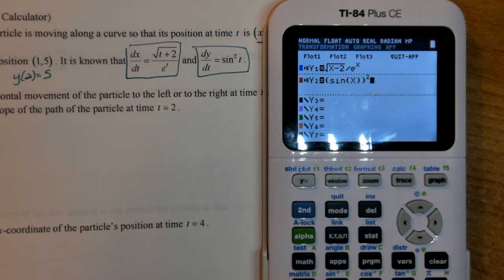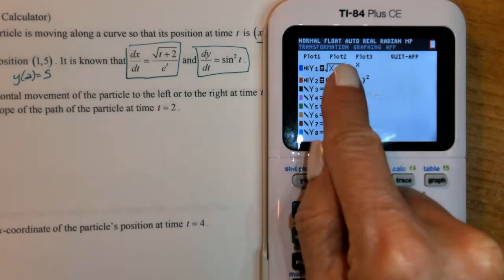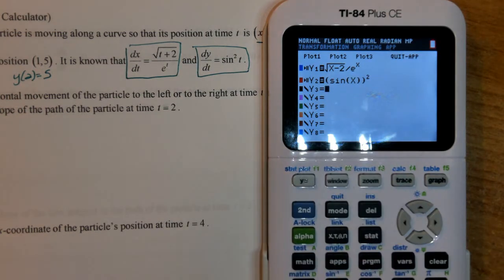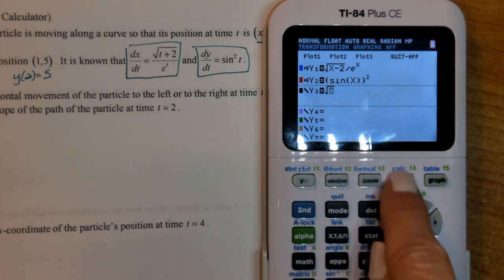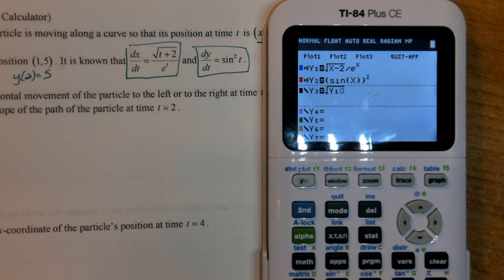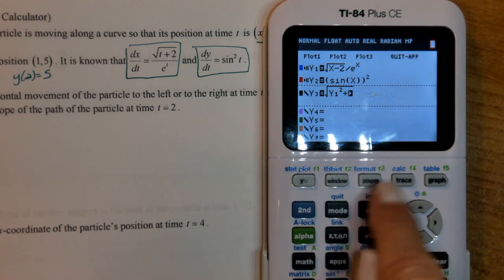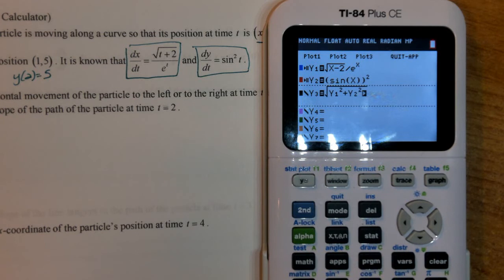Goes in for y2. Now, as we saw in that first problem, if they give me both x prime and y prime, I like to go ahead and put in my speed, the square root of y1 squared plus y2 squared, since I have x prime in for y1 and y prime in for y2.